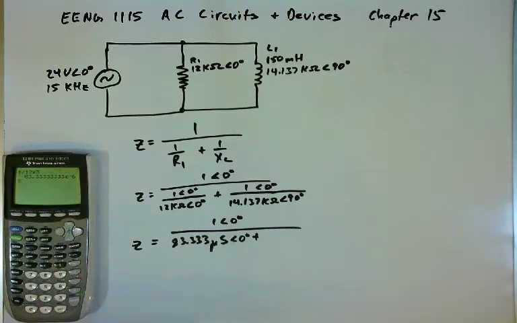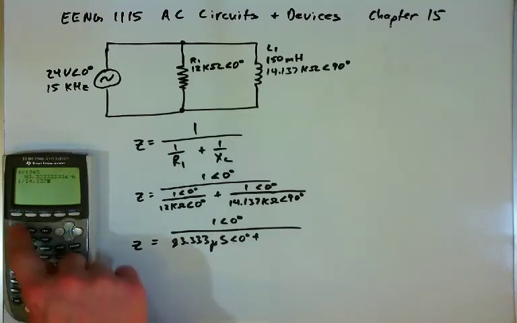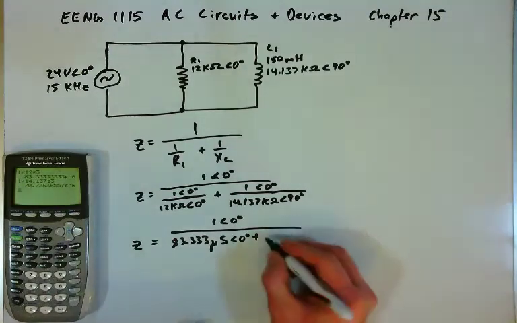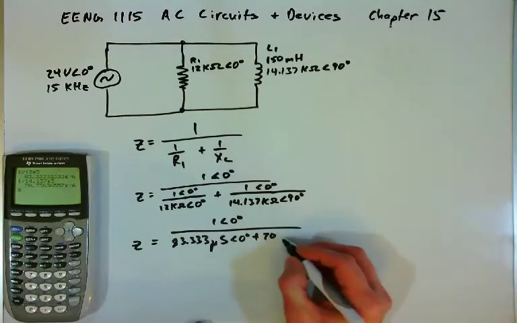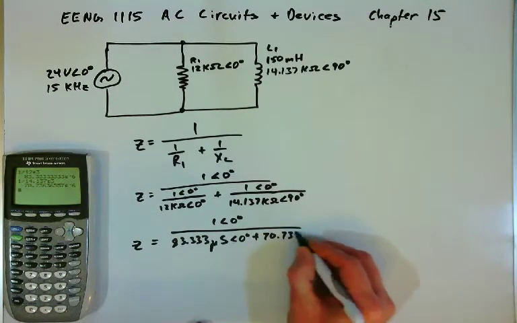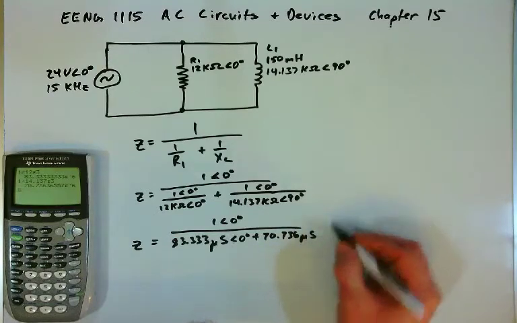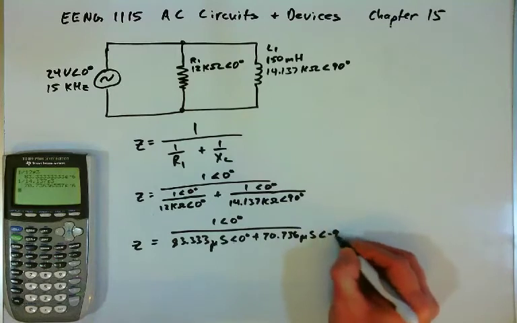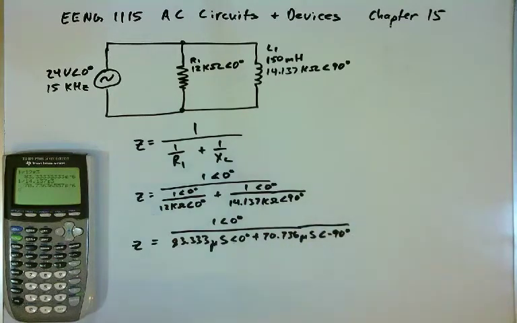Plus, for the inductive reactance, we have 1 divided by 14.137 kilo. The magnitude will be 70.736 microsiemens. And then we subtract the angles. 0 minus 90 is negative 90 degrees.